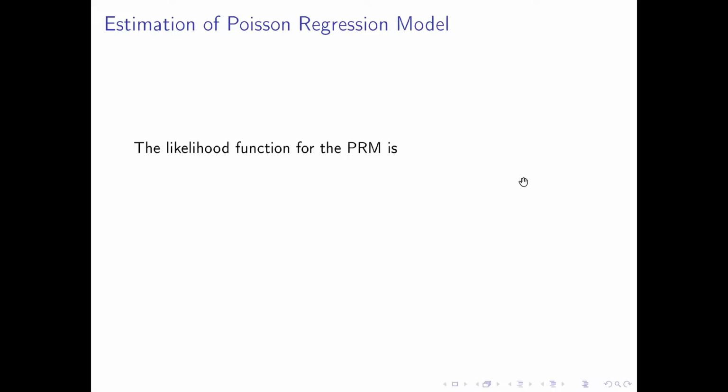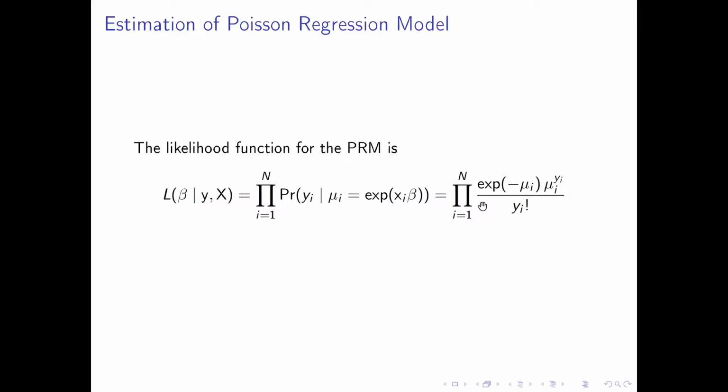So how to estimate the Poisson regression model? Well, to estimate this model, we have to rely on maximum likelihood estimation. So how to execute a maximum likelihood estimation? Well, we're going to construct the likelihood function. Usually, we would assume that all observations are independently and identically distributed.